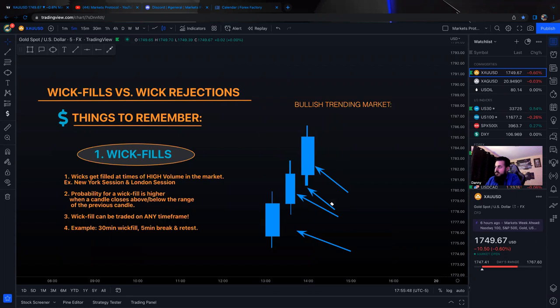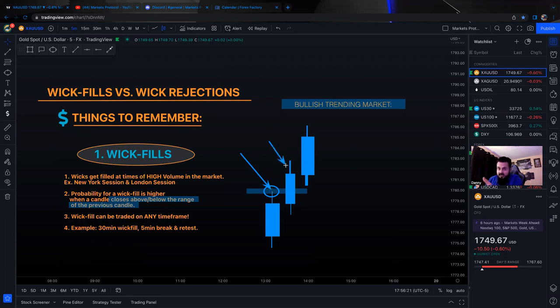Also if you notice what candles normally do at that time is we break the high of the previous and we close above that top wick. So when I talk about candles closing above the range of the previous candle, in a bullish trend, ladies and gentlemen, price will be trending towards the upside. So when a candle, something like this, closes above the range, this wick on top of the previous candle is a candlestick's range.